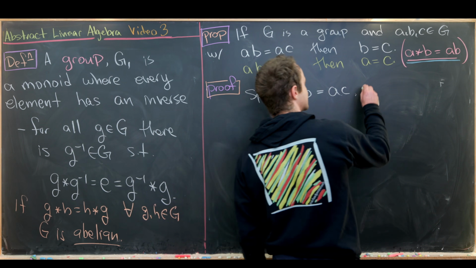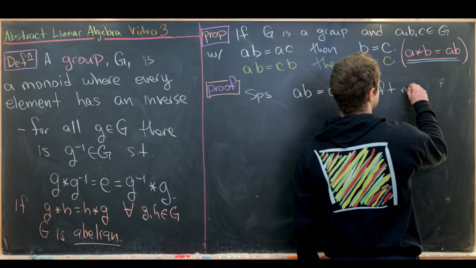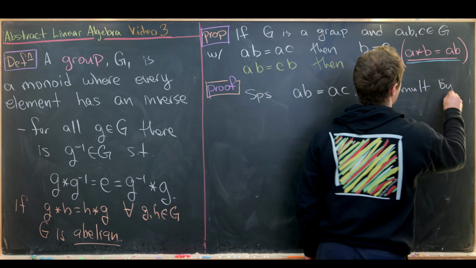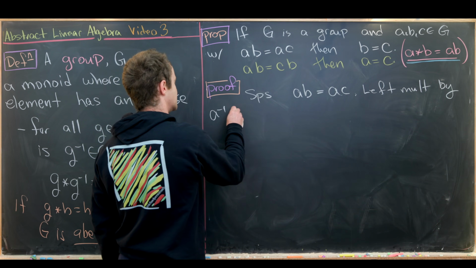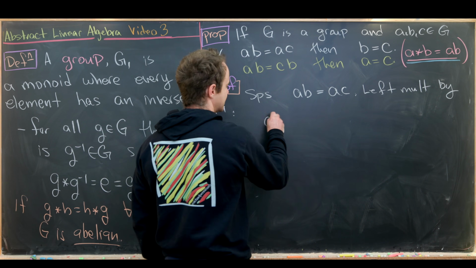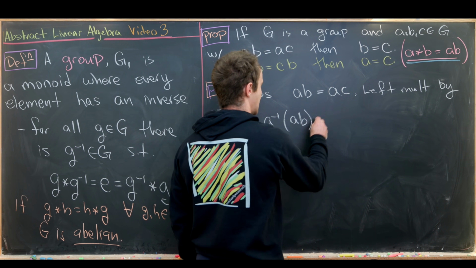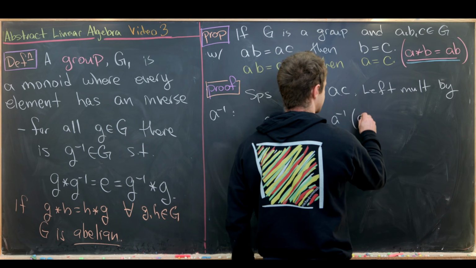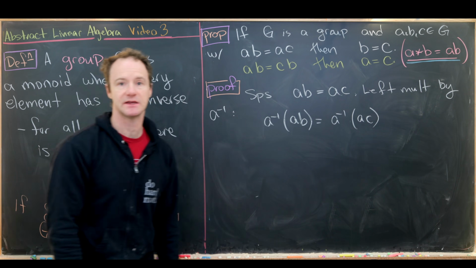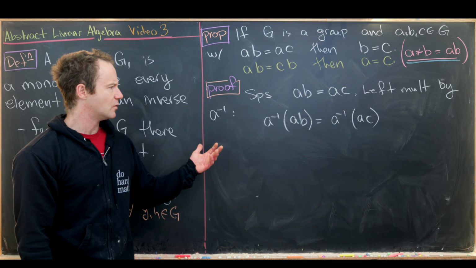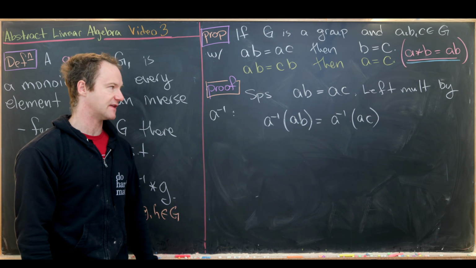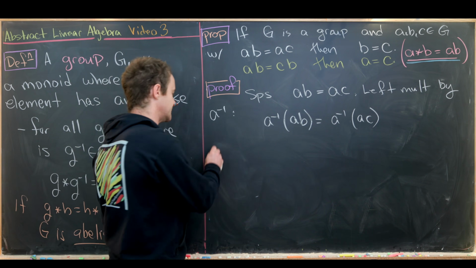So let's take this and we will left multiply by A inverse. So let's see what that gives us. That'll leave us with A inverse times AB is equal to A inverse times AC. But now we can't quite cancel the A and the A inverse until we reassociate.